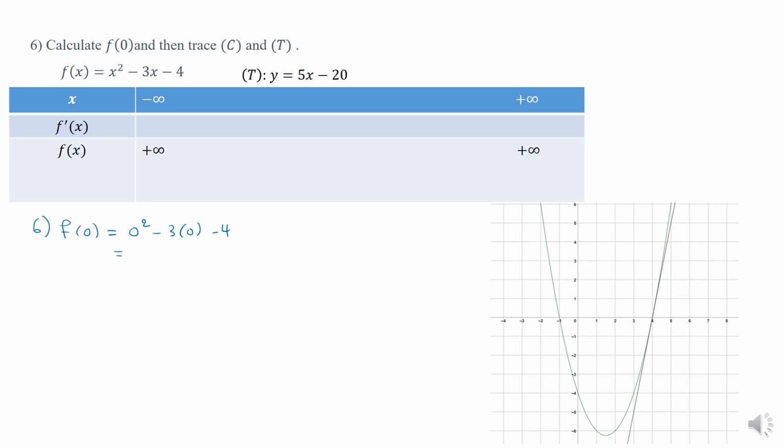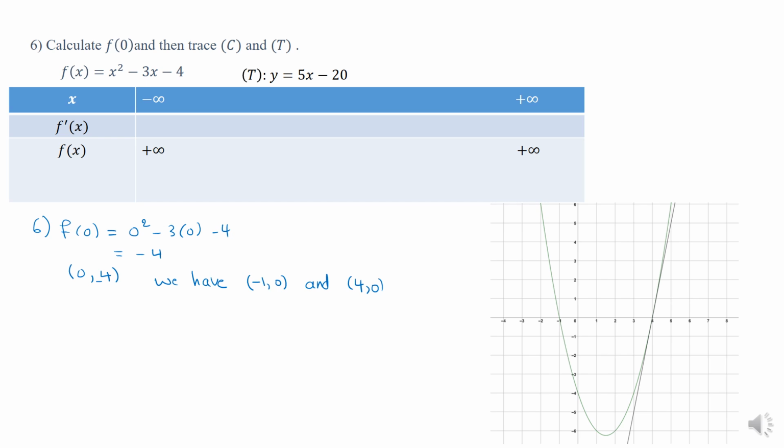So f of 0 is negative 4, which means that the curve will intersect the y-axis at negative 4. Also, we have that the curve passes through the 2 points (-1, 0) and (4, 0). So here you have 3 points where the curve passes.